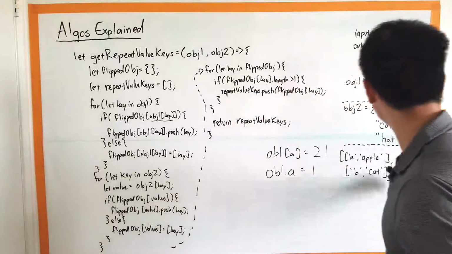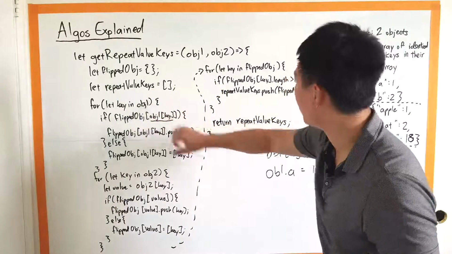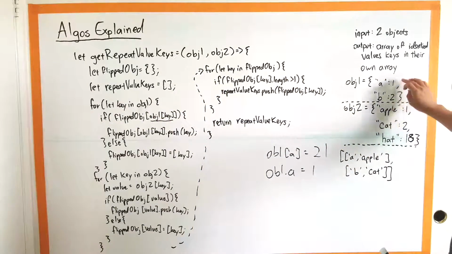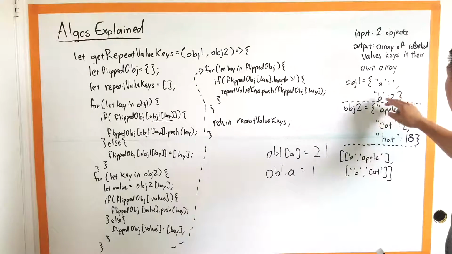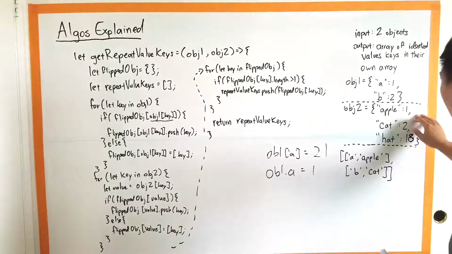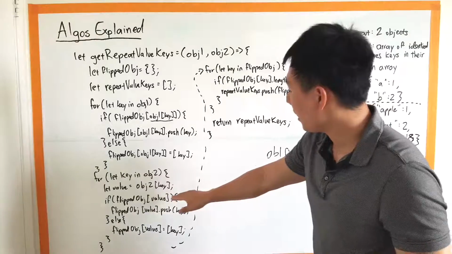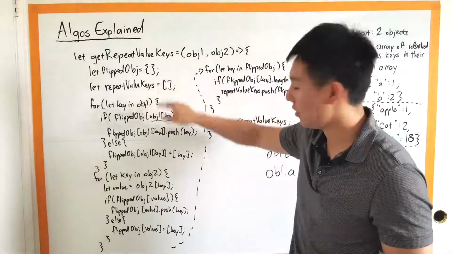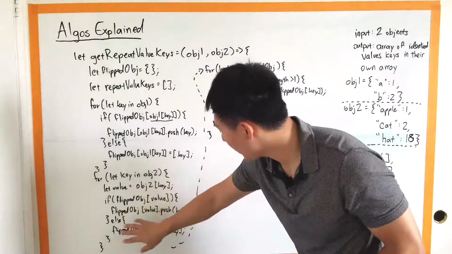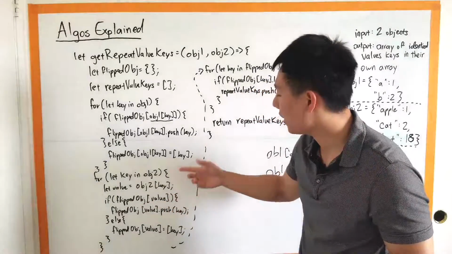That's important because by the time we're done with the first object, in this example, it's going to have 1 as the key, A in an array, 2 as the key, and B in an array. And now when it sees the 1, it is going to have seen that 1 already. The 1 is going to already be a key in here. So it's going to go into this first if.